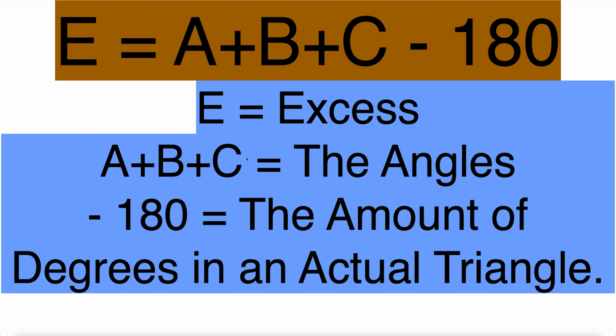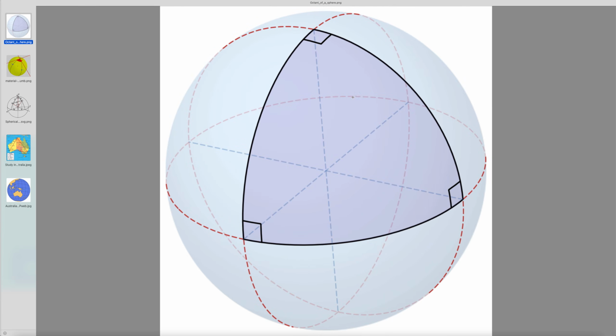So the excess is the adding up of the three angles that make up the spherical triangle, and then you minus 180 degrees from that, and whatever is left is the excess. So let's just say one of these was 68, the other one was 72, and the other one was, I don't know, 81.